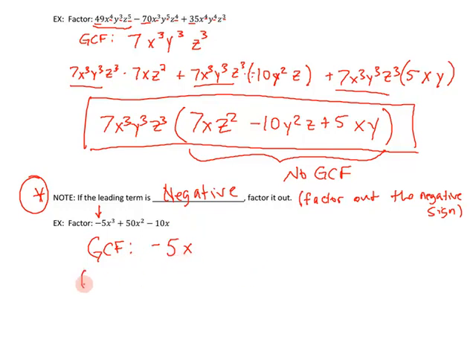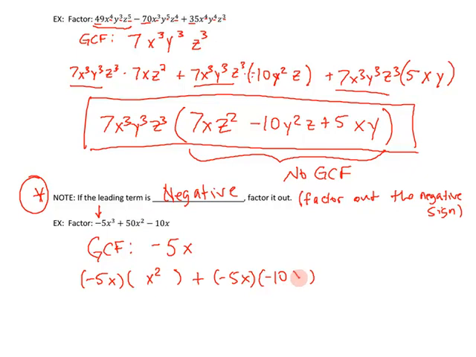Now I'm going to write each one of these as negative 5x times something. Now to get to negative 5x cubed, I don't need another number, but I do need an x squared, plus negative 5x. Okay, what do I need to multiply negative 5x by to get to 50x squared? Well, to get to a positive 50, I need a negative 10. Negative 5 times negative 10 will give me a positive 50.